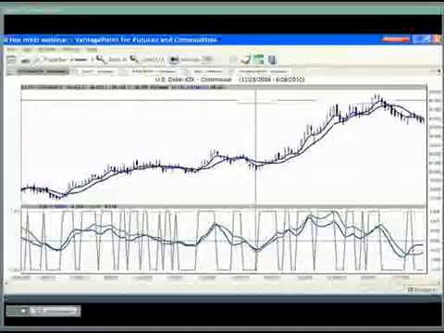Now, when we look at the lines that you see here on the bottom, we have a couple of lines here that need a little explanation. The blue line and the green line are predicted differences. What they do is show the difference between a predicted moving average and an actual moving average.